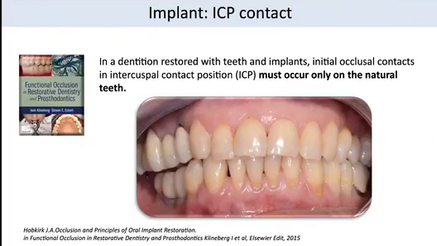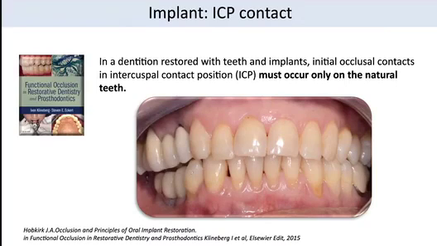For some people, in a dentition restored with teeth and implants, initial contact in intercuspal contact position, ICP, must occur only on natural teeth. No load on the implant.